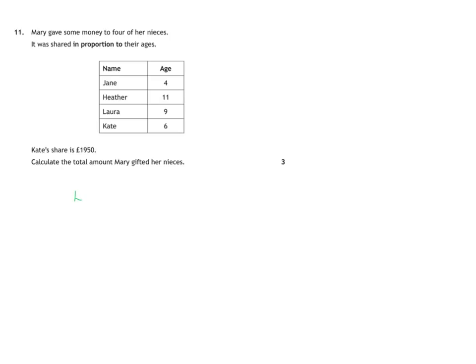So we can say that we shared in, doing it again, starting in green instead of black, 4 to 11 to 9 to 6. So that is Jane, that's Heather, that's Laura, and that's Kate.